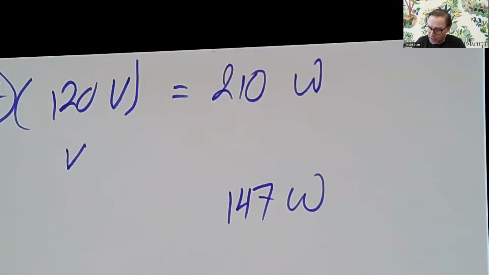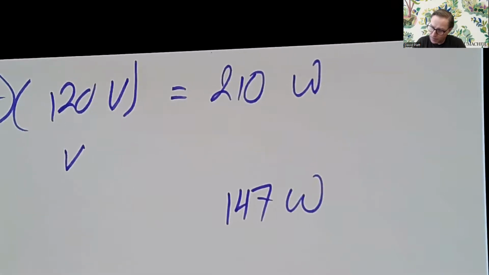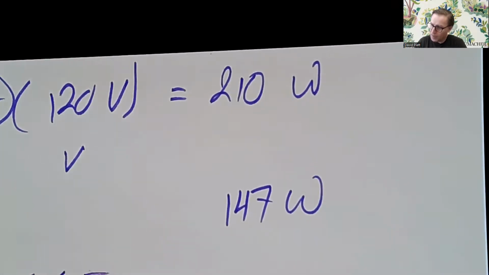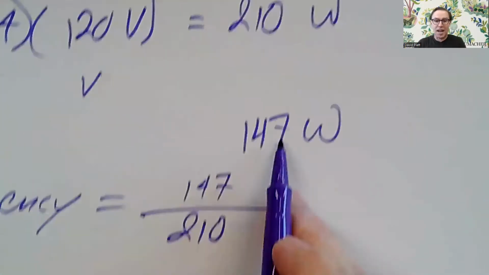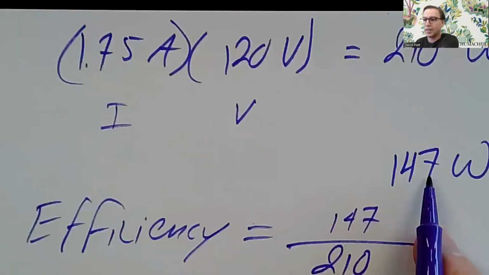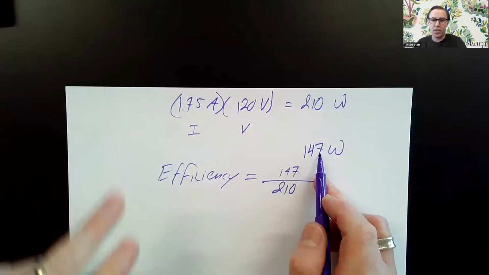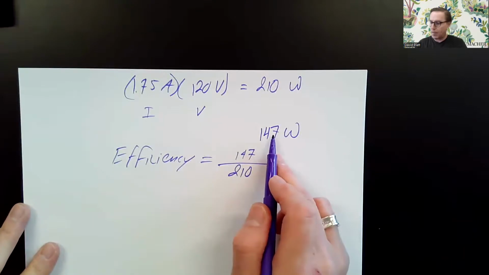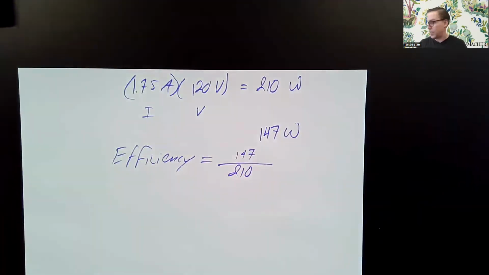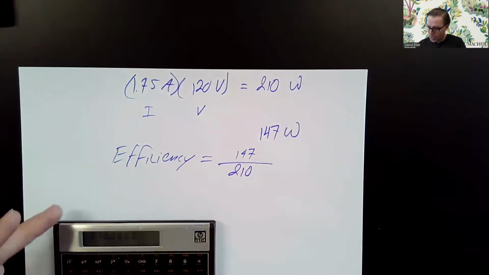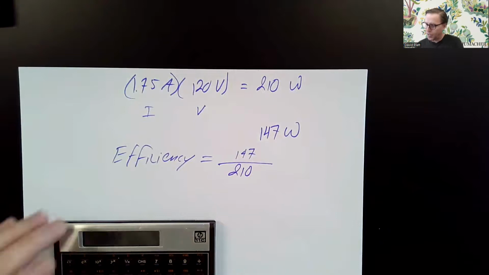So the efficiency is just 147 over 210. This is the rate at which the energy is coming out. Sorry. This is the rate I was expecting it to come out. So this is going to give me my efficiency. 147 over 210 is 70%.